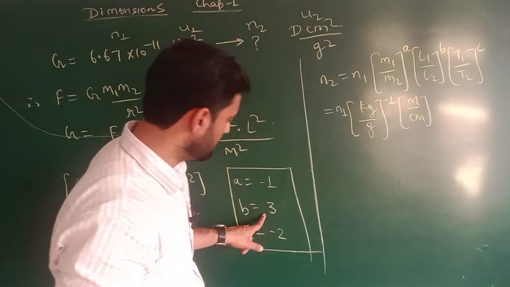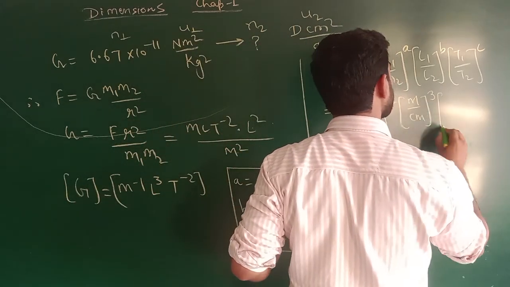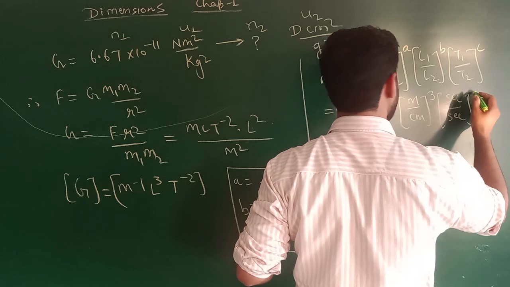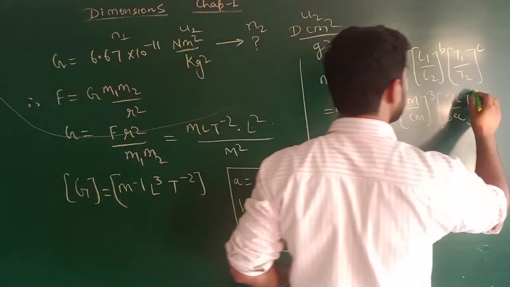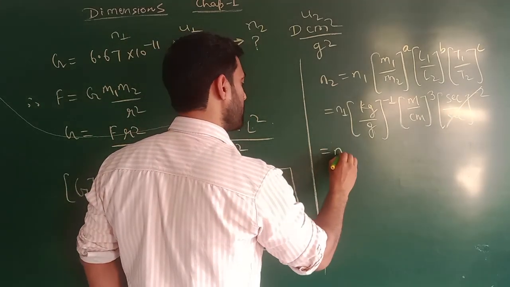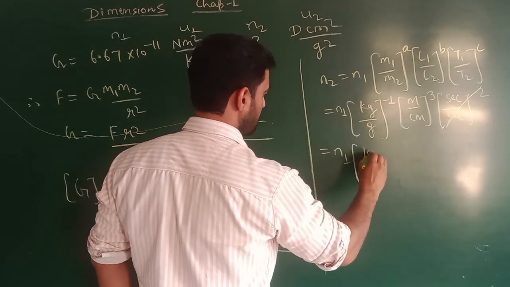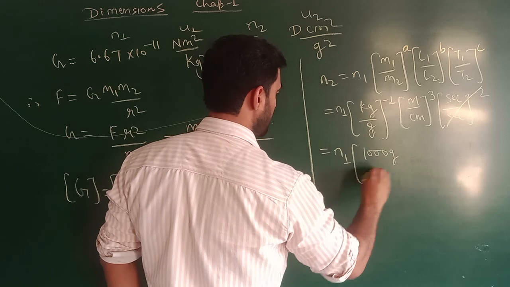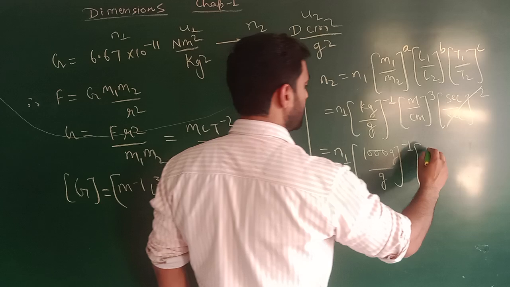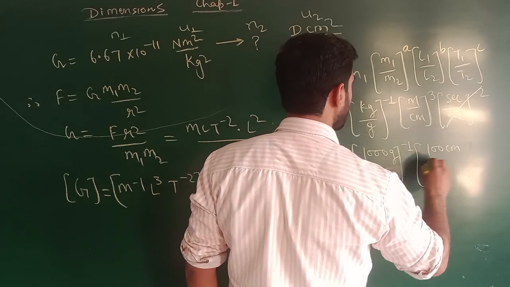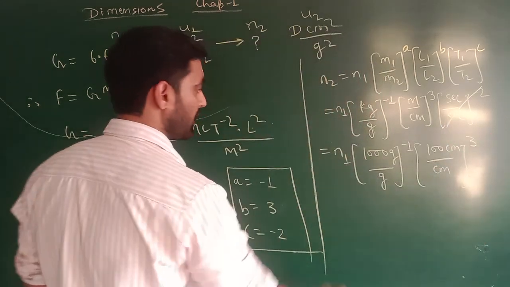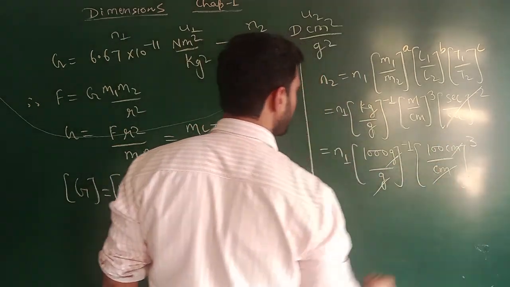What is the value of B? That's 3. Second by second power minus 2, again this one is 1. So N1 kg means 1000 grams by gram power minus 1 into 100 centimeter upon centimeter power 3. Gram to gram cancel, centimeter to centimeter cancel.